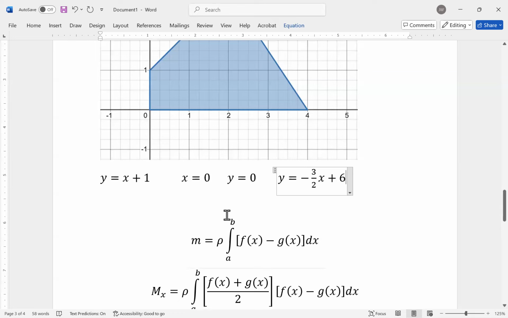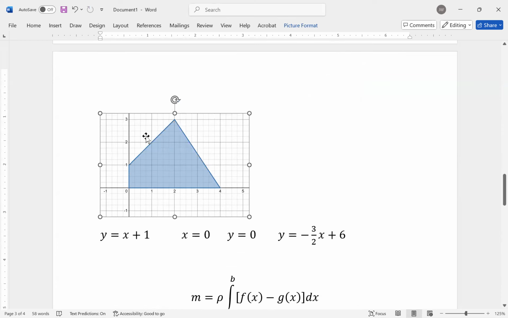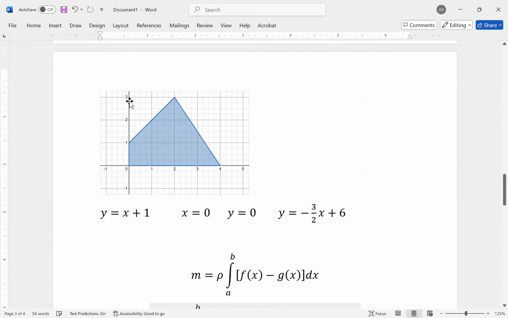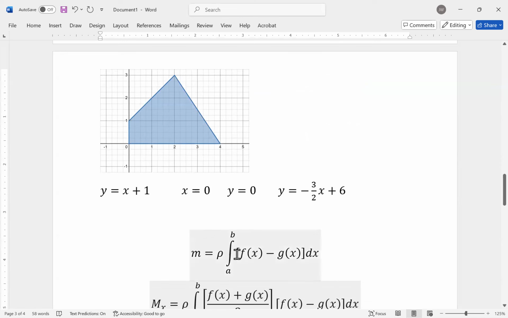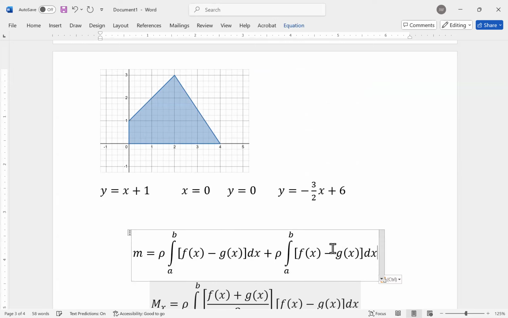Now, it's not probably going to be a surprise for those of you who remember the first section very well, where we did areas. What we're going to do to find the total mass is create two separate integrations. One of them goes from x value of 0 to x value of 2, and the other goes from x value of 2 to x value of 4.